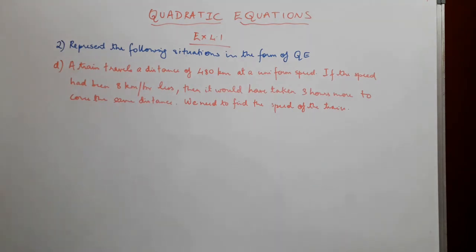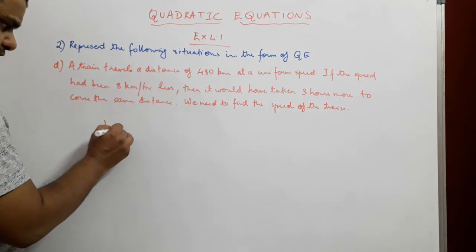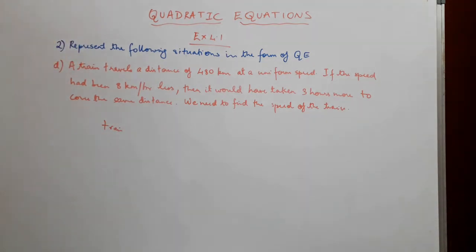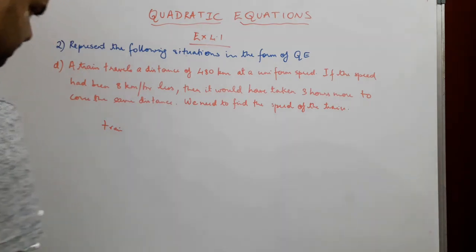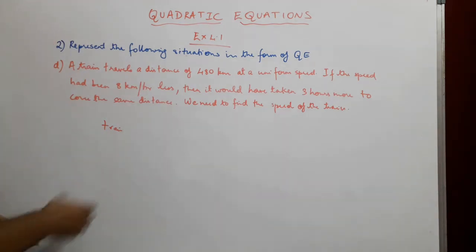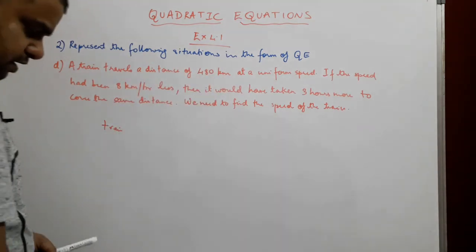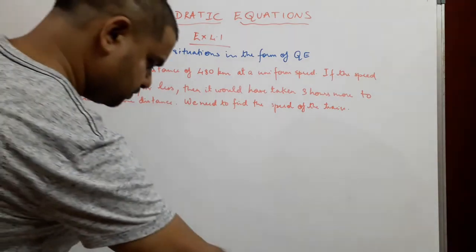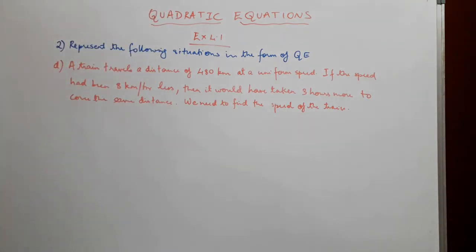We have a train, and the train is traveling at a particular speed and it covers a particular distance, that is 480 kilometers. So we have to find the speed of the train. That means we need to assume the speed of the train as x in this case.